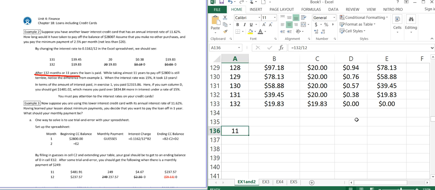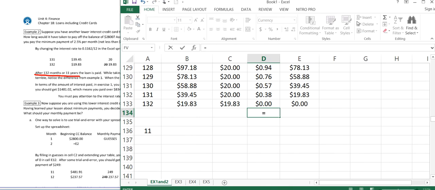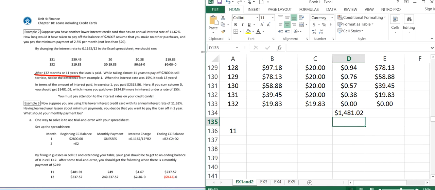Now, if we wanted to compare the interest amount that we paid for that loan, so again, if I go to the bottom of that interest column and I do my auto sum, 1481.02 as opposed to, so I'm now paying 1481 as opposed to 2315.